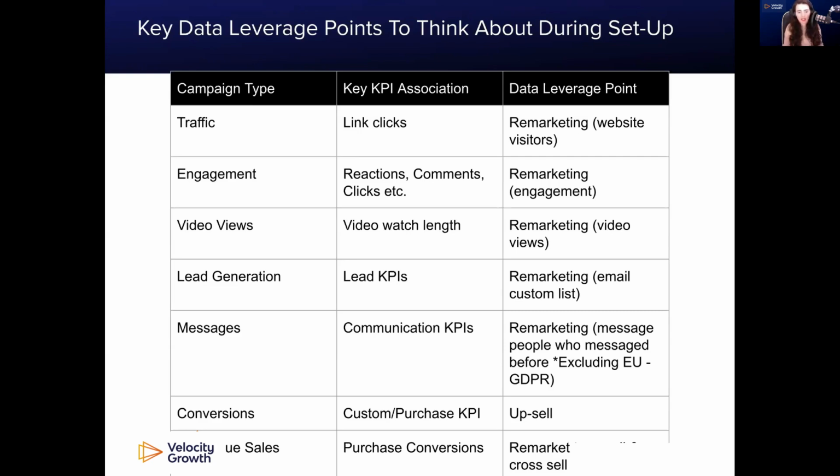If an action is taken on the platform, like someone watches a video on the platform, or they like your post on the platform, or they click on it on the platform, that is on-platform data. However, if they take an action that navigates them to your website and they add something to your cart, they purchase something, they sign up to your mailing list, that is off-platform data. That has happened away from Facebook and on your website.